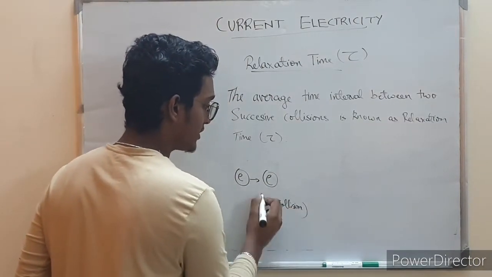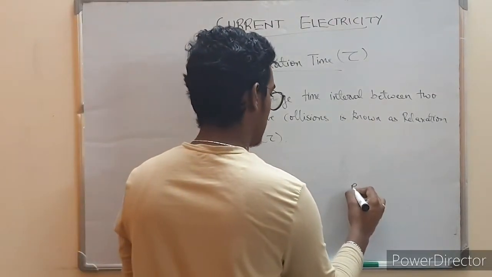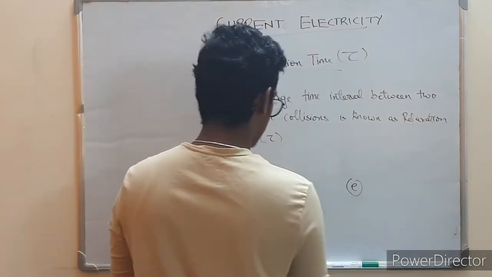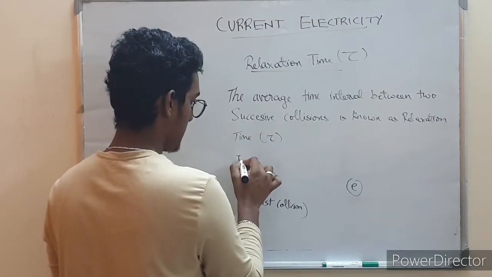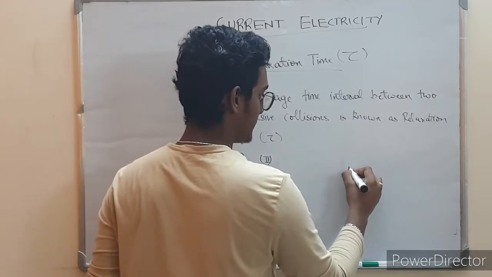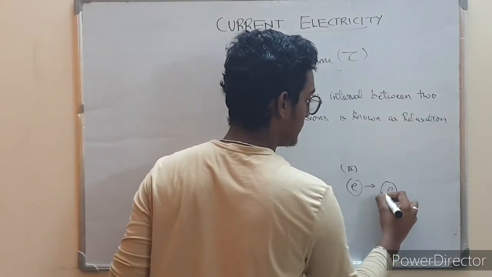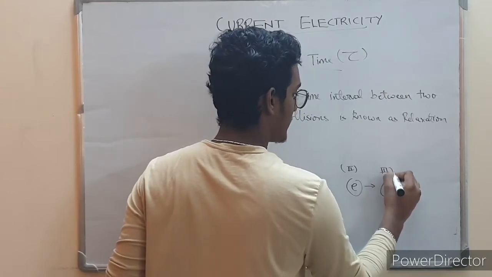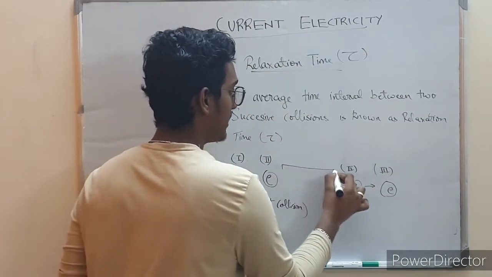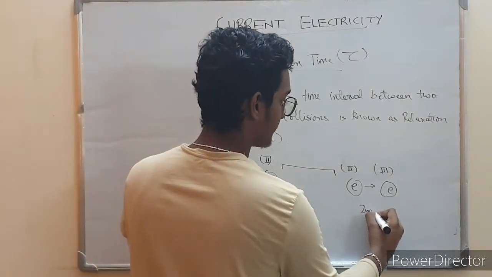After this collision, this electron is going to have some energy, and it is now going to collide with another electron. So this is the first electron, this is the second electron, this is still the second electron, and this now collides with another electron, 3.